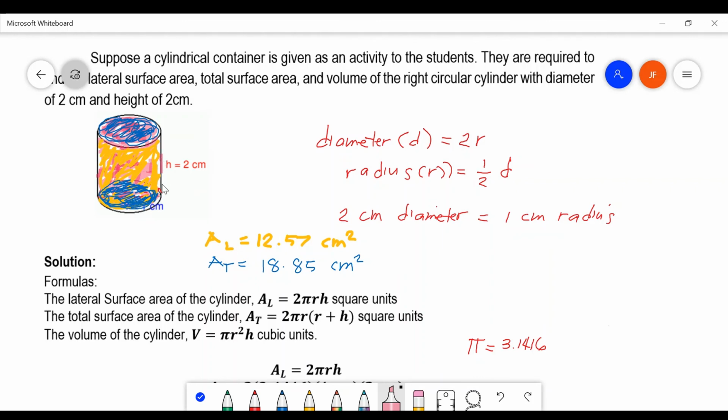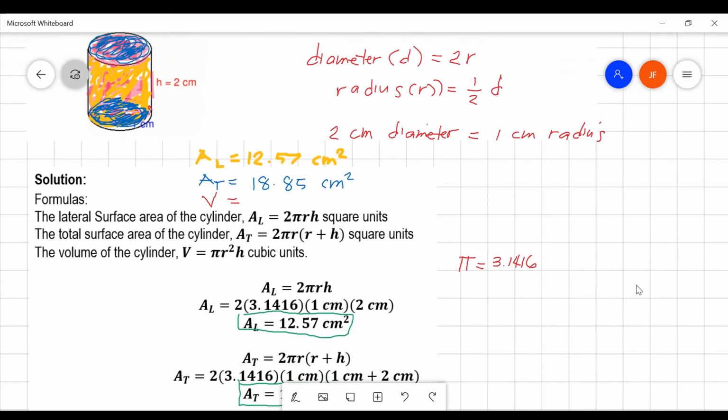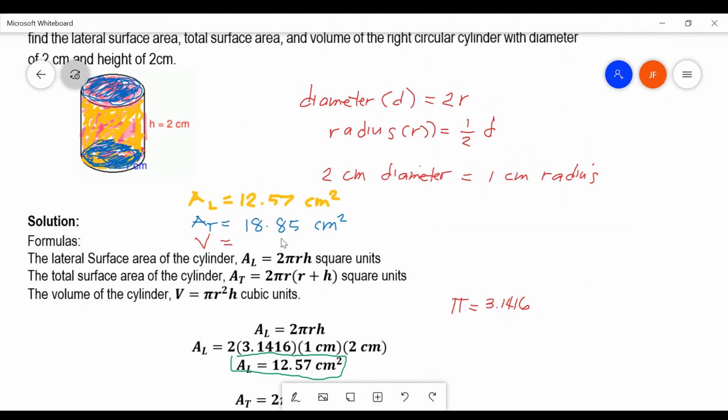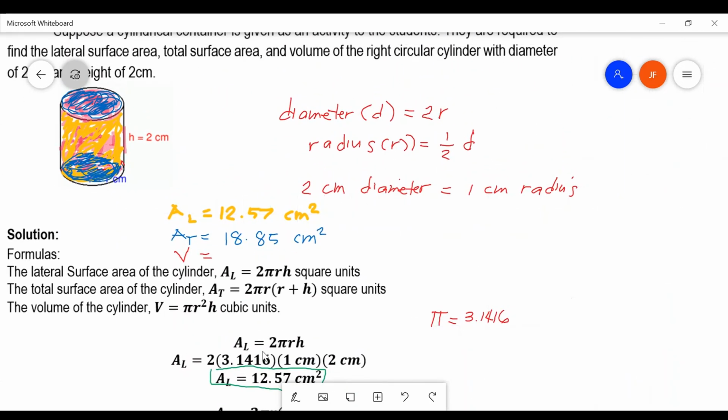Then that's the volume. So the volume of our cylinder, based on our solution, is 6.28 centimeter cube, or cubic centimeter.